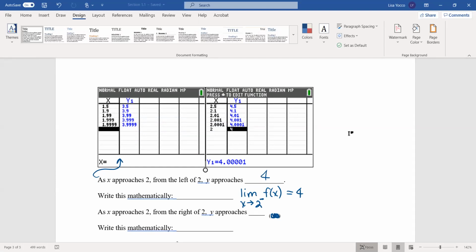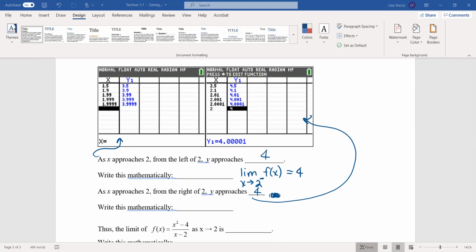And then on the other side, this is x approaching 2 from the right. Y also approaches 4. So we would write the limit as x approaches 2 with a little plus symbol, which means from the right, the limit of the function is also 4.